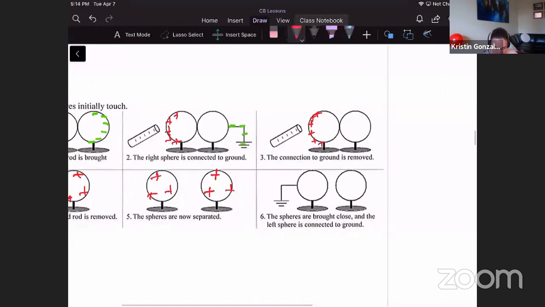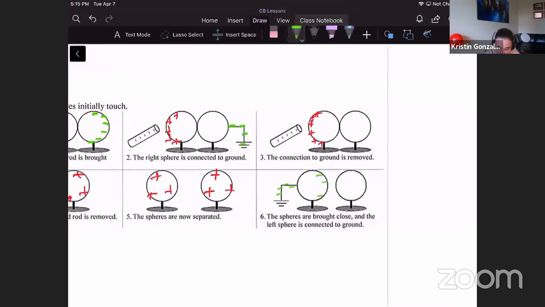And then we're going to bring them closer back together and connect the ground now to the left side. So the positive charges are not going to flow out, but negative charges can flow back in. So if we look at that one on the left, we're going to have our negative charges coming in through that ground.